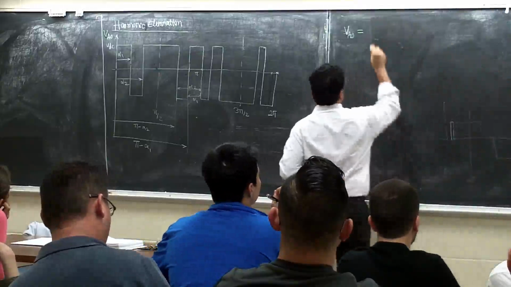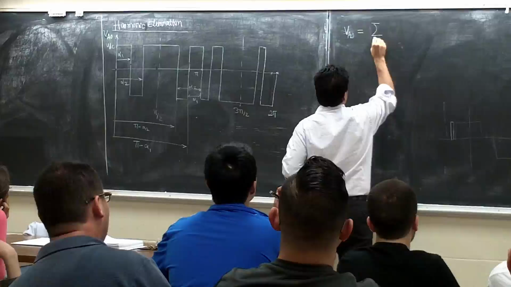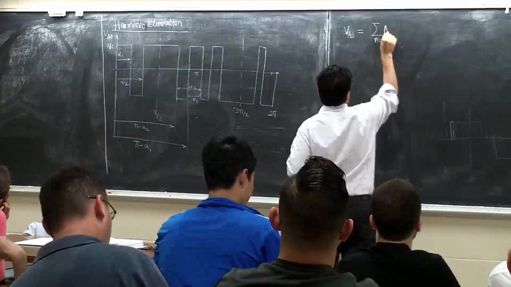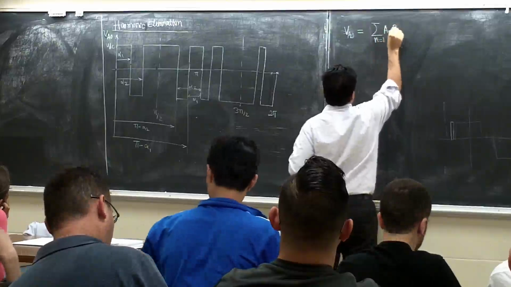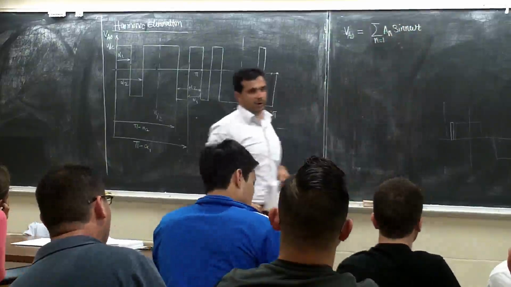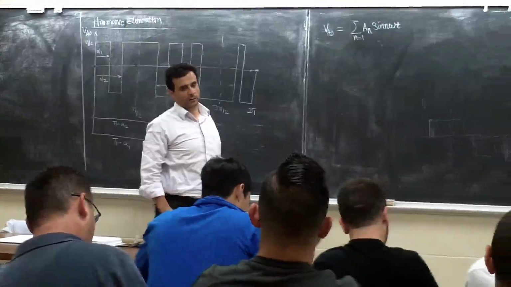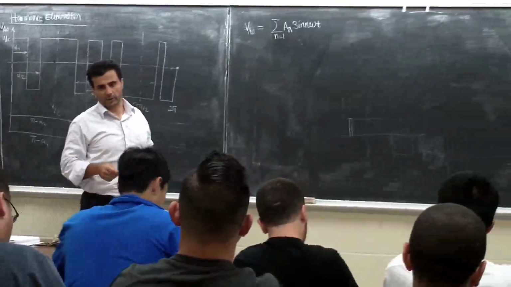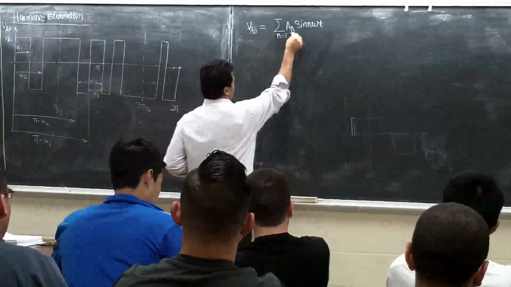Sigma n from n to whatever, sine n omega t. Well, let's say how much is the An?